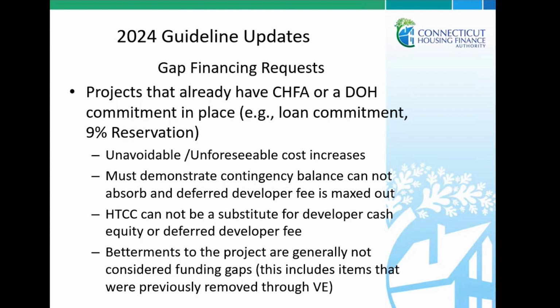You need to demonstrate that your contingency balance cannot absorb them and that your developer fee is maxed out. HTCC cannot be used as a substitute for developer cash equity or deferred developer fee, and betterments to the project are generally not considered funding gaps. This includes items that were previously removed through a value engineering exercise.